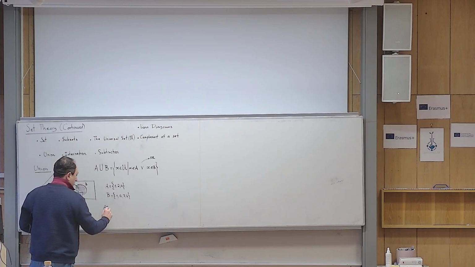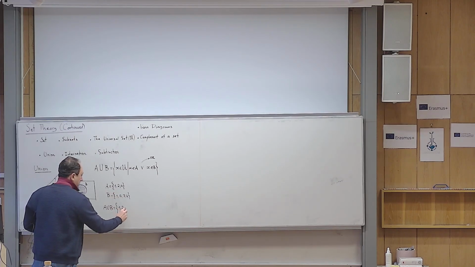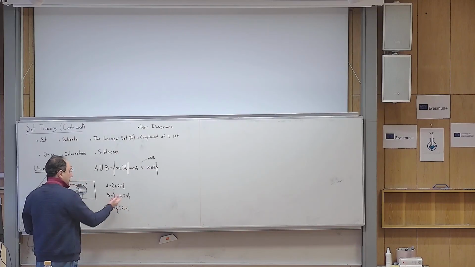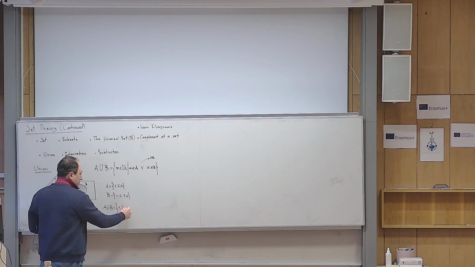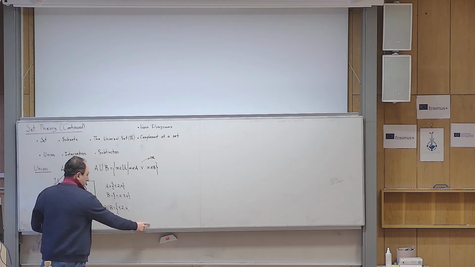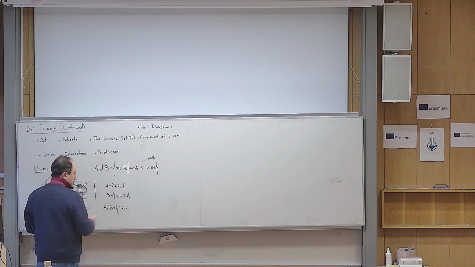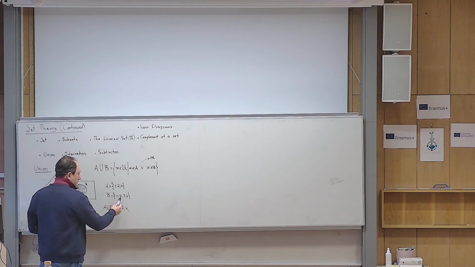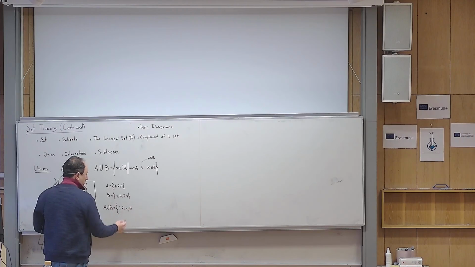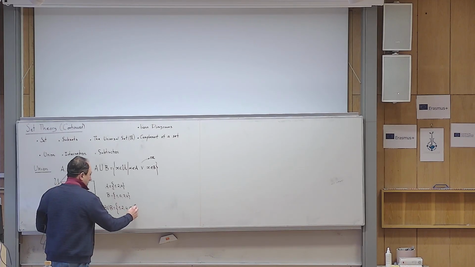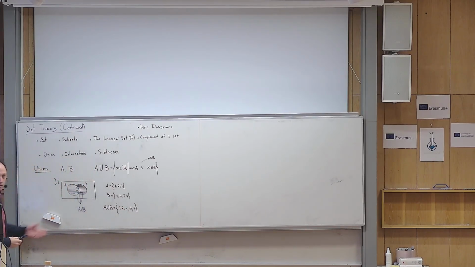So A union B becomes: I start from the elements in A, I write all of them, and then I start appending the elements of B. Of course, if 1 is already there, I don't write it again, because in sets we do not repeat elements. 1 is already there, but 5 is not, so I append it. 7 is not there, so I put it here, but 4 is already there, so I skip it. So this is the union of two sets.